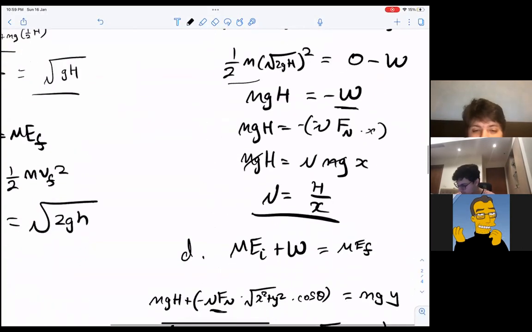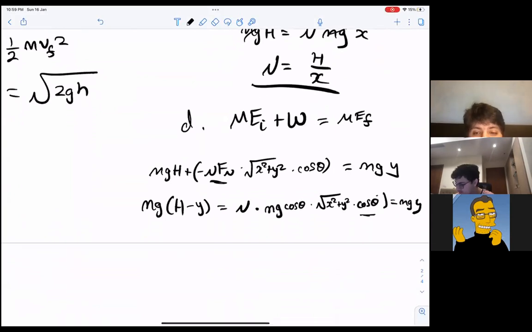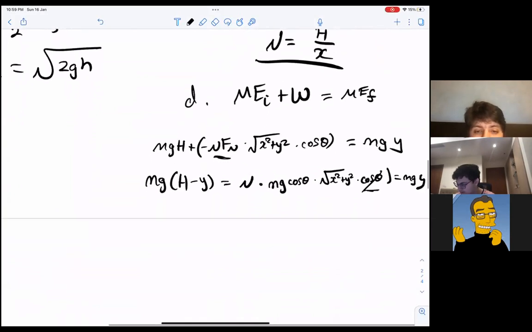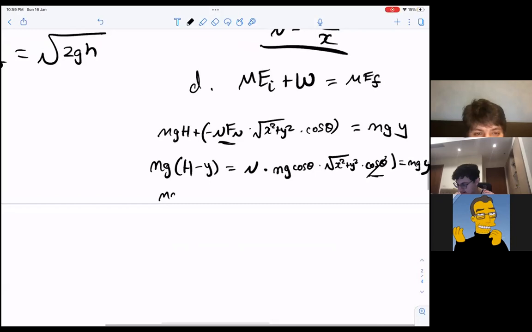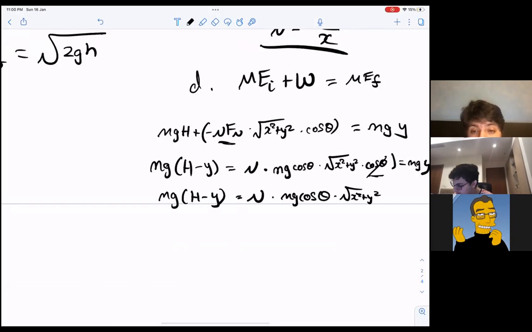So we can just quickly cross that out because it'll just be 1. If we simplify this again, mgh minus y equals mu times mg cos theta times root x squared plus y squared.